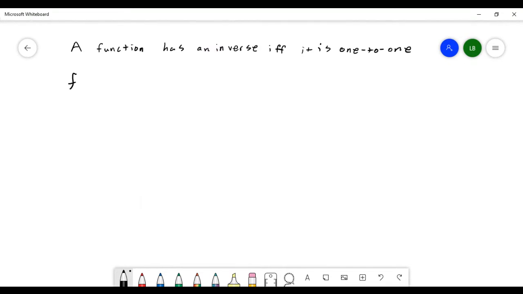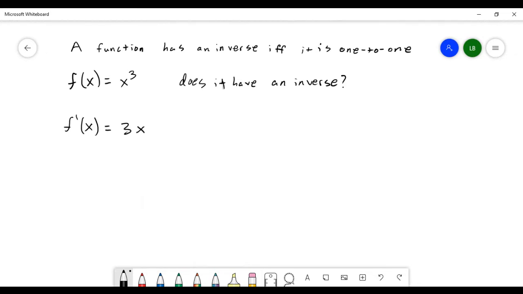So let's say we had this function f of x equals x cubed, and we wanted to see, does it have an inverse? Well, we need to show that it's always increasing. In other words, its slope is always positive, right? So we can take the derivative to find the slope. And we have this x squared term here.